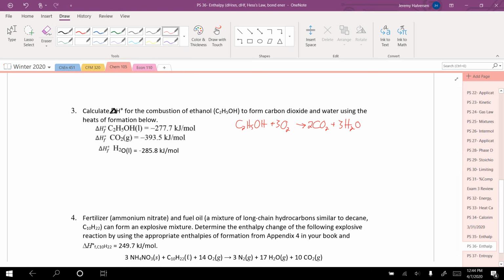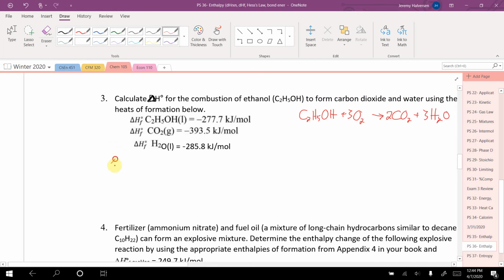Okay, so they give me here delta H of formation. Delta H of formation again are products minus reactants. So my delta H of my reaction is going to equal the sum of n times delta H of formation of products minus the sum of n times delta H of formation of reactants.